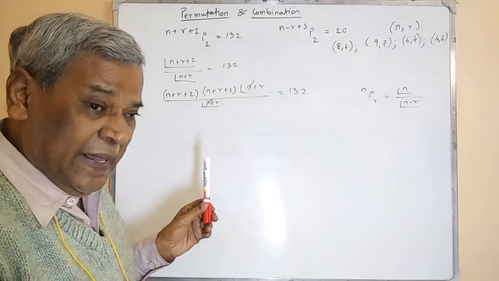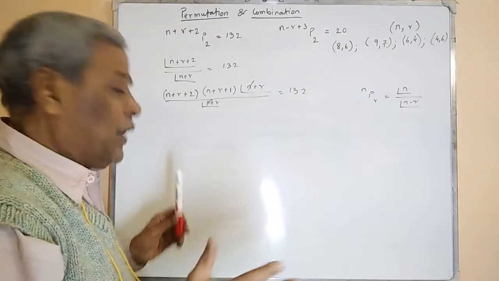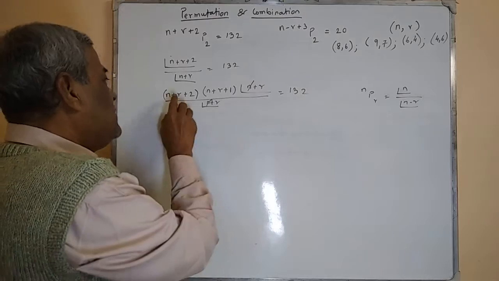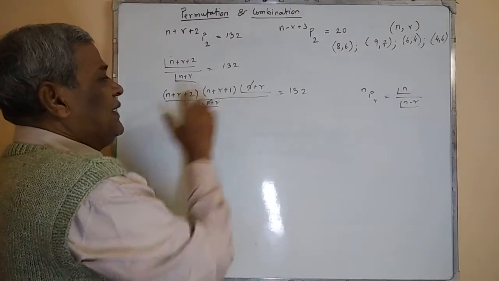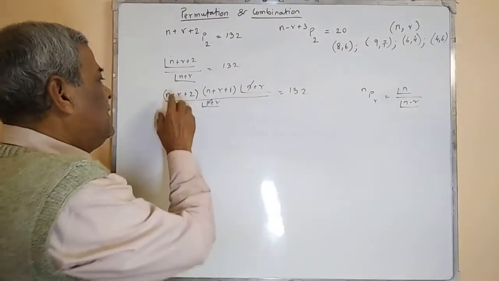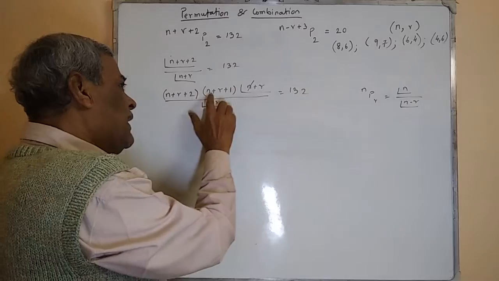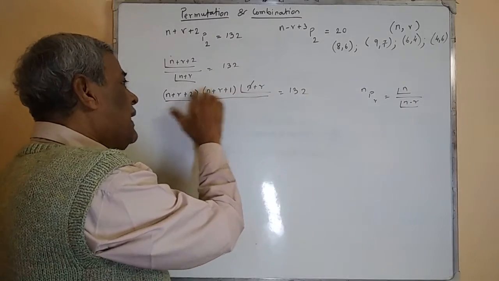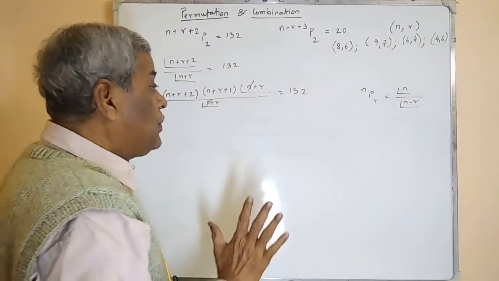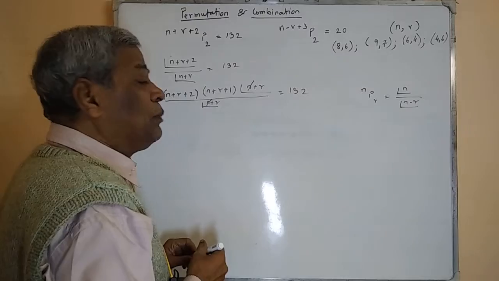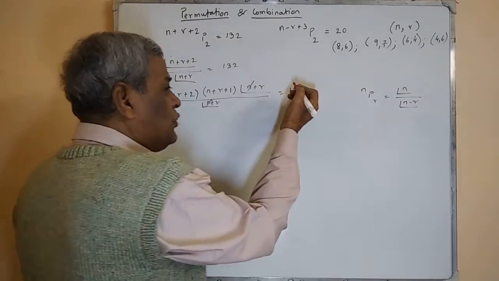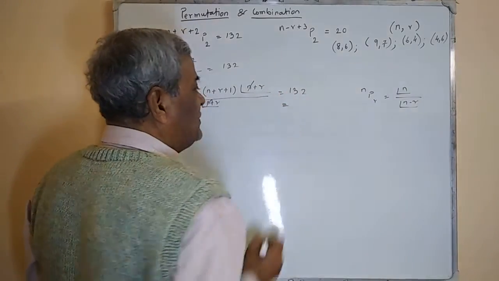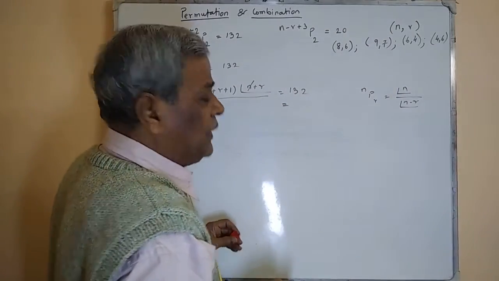There is a very simple way to calculate. It is two consecutive integers. Look, this is n plus r plus 2, and n plus r plus 1, so it is one less than that. Try to factorize it as two consecutive integers.